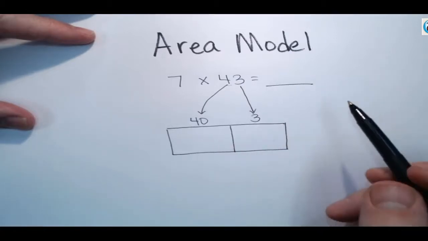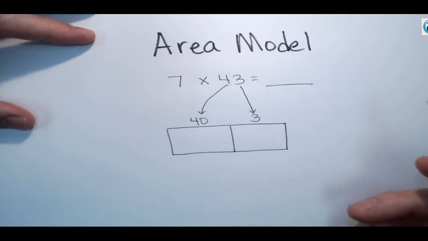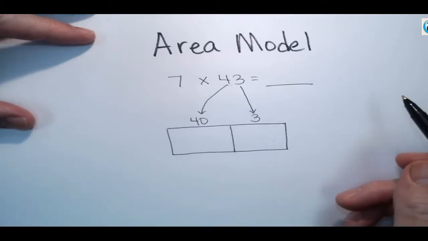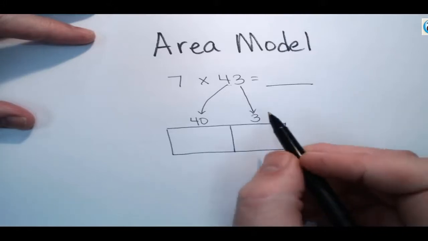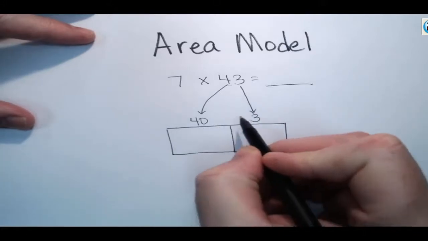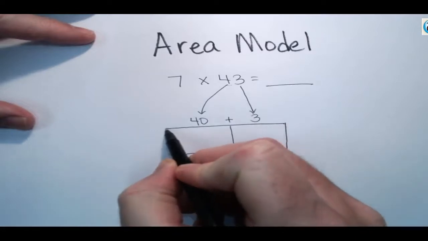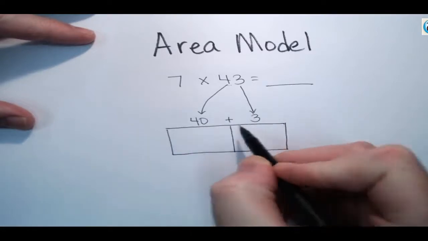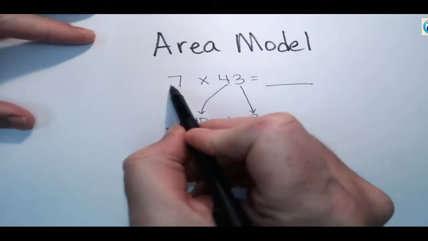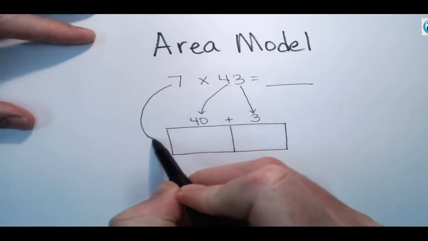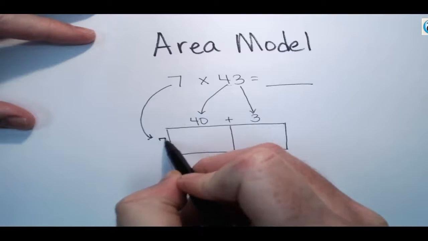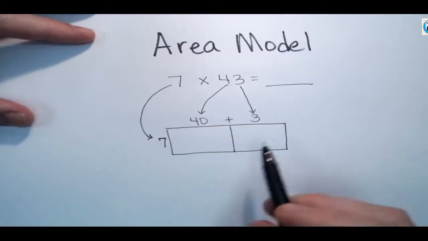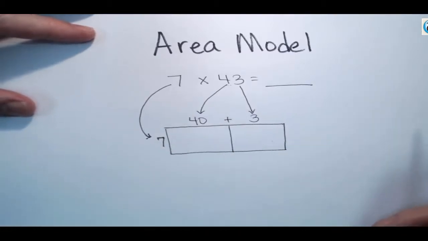I personally prefer to just divide it up somewhat evenly. It just makes it easier for me. But you know, the kids, they can do whatever they want. So this 40 plus 3 basically represents this long side here. The 7 that we're multiplying by would represent this shorter side here. Okay? Alright, so I've got my box set up.